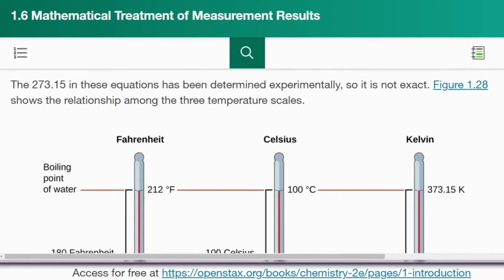The 273.15 in these equations has been determined experimentally, so is not exact. Figure 1.28 shows the relationship among the temperature scales.